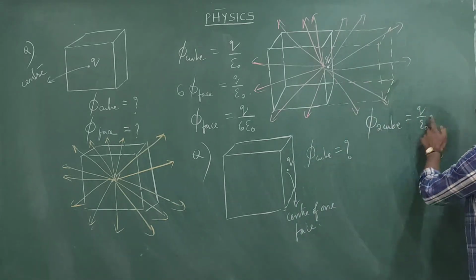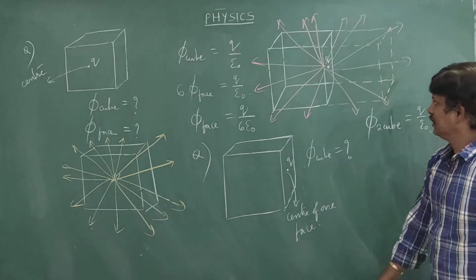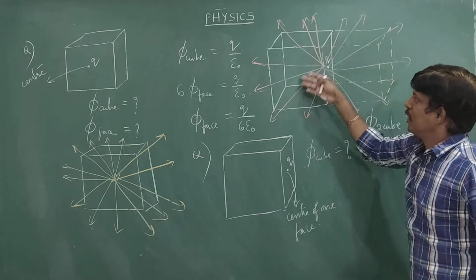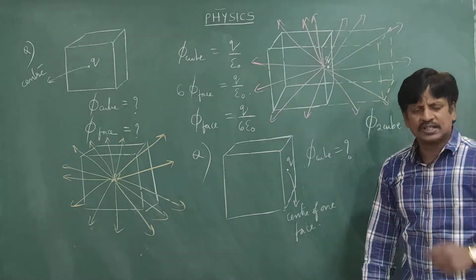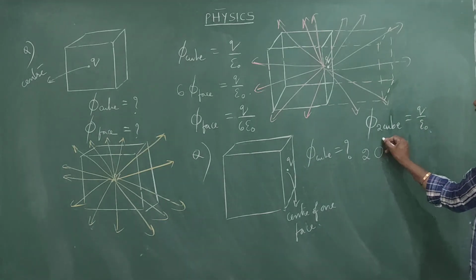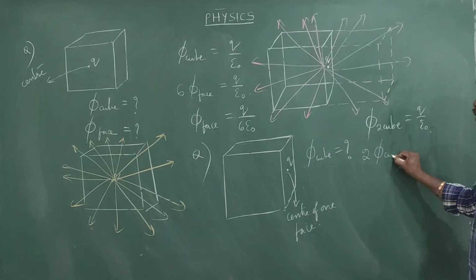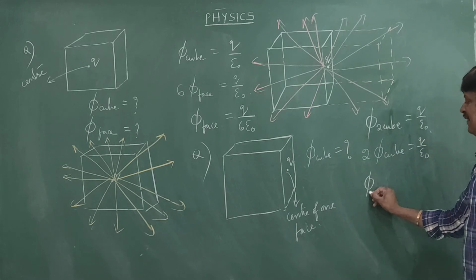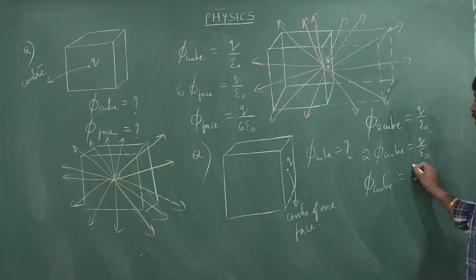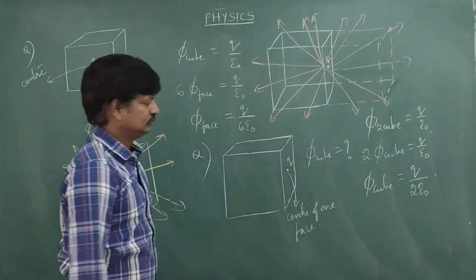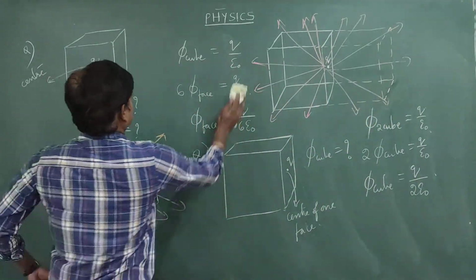So flux through two cubes is equal to Q by epsilon naught. Flux through this cube is also equal to flux through this cube because the charge is symmetrical to both the cubes. So 2 times flux through each cube is equal to q by epsilon naught. Then flux through any one cube is equal to q by 2 epsilon naught. Right?